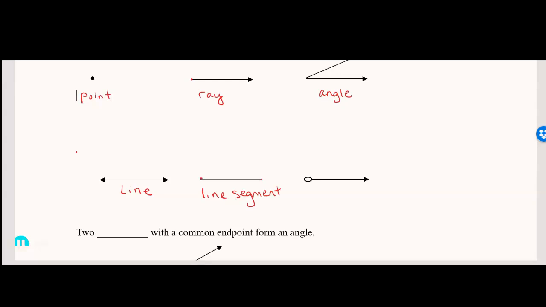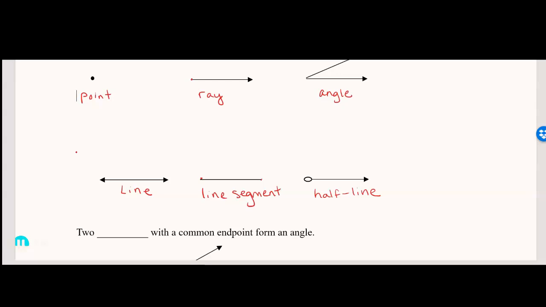This does not travel infinitely in two directions. This last figure looks very similar to a ray, except that it has an open circle, which means we're not including that endpoint. This is what we call a half line. It goes infinitely in one direction, but we're not counting the endpoint.